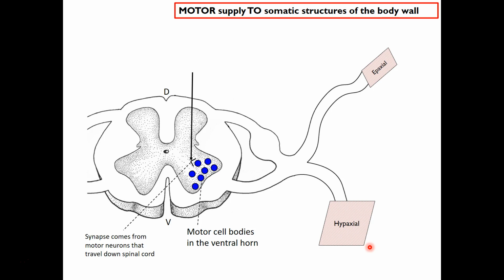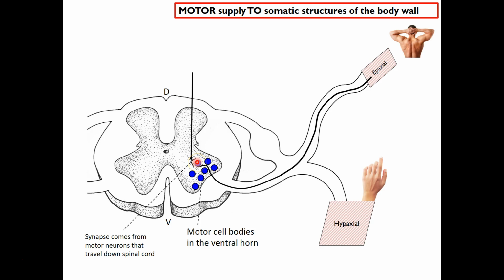We then have an axon coming out through the ventral ramus, or I'm sorry, the ventral root, and then it will come into this mixed spinal nerve. From there, it can go to the epaxial muscle mass if needed, to go to an epaxial muscle, or it can go to the hypaxial muscle mass if the goal is to get to a muscle within this hypaxial region.